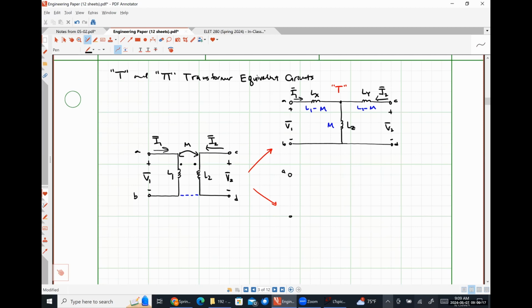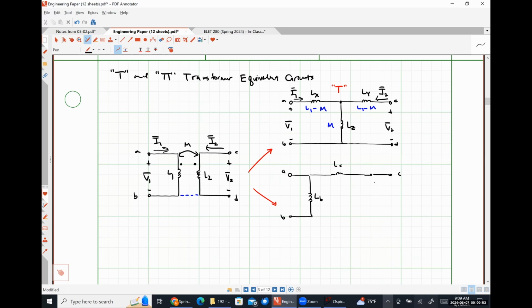So here's A and B. And now between A and B, I'm going to have an inductance LB between what are effectively A and C. I will have an inductance LC.